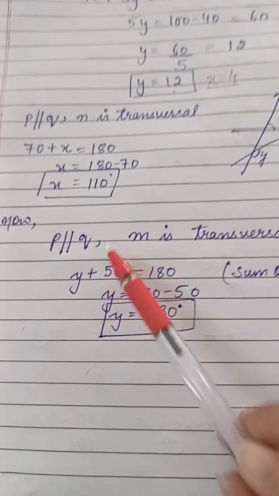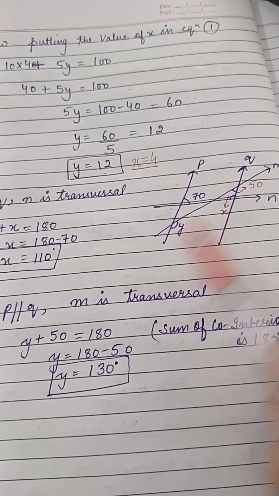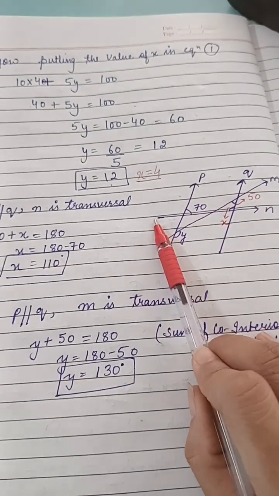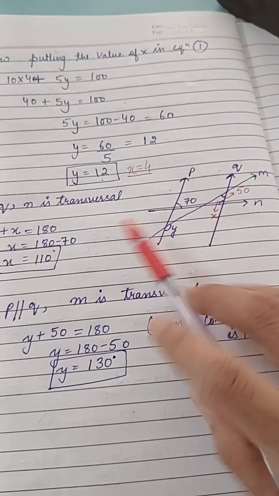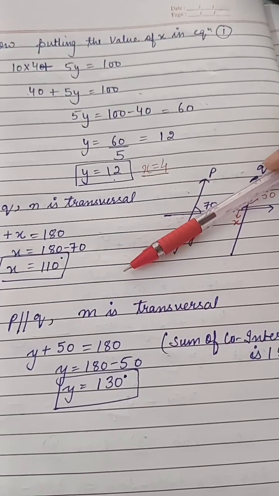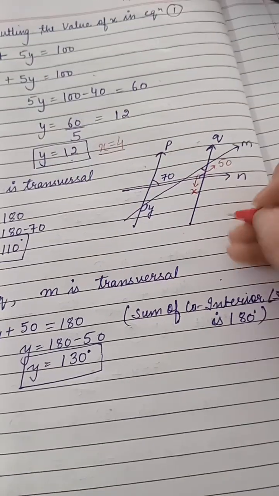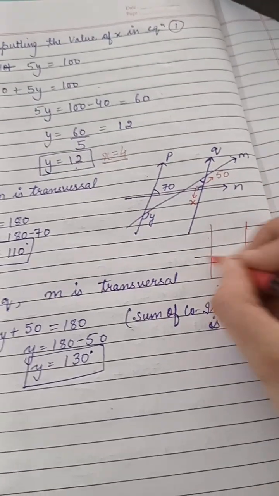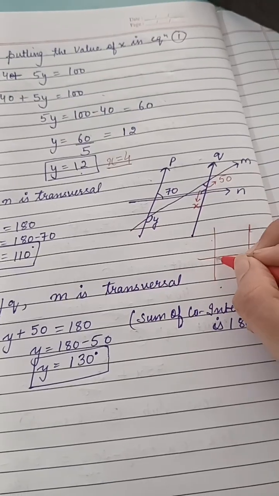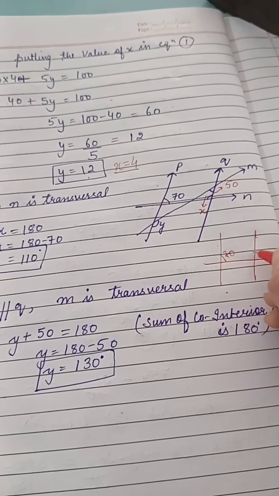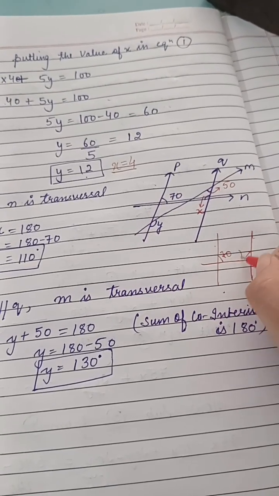Coming to this, P is parallel to Q. First we have taken n transversal, so forget about this, only n. Over this transversal I will make the rough one. This is, and this one is n. On n there are two angles, 70, and this is x.